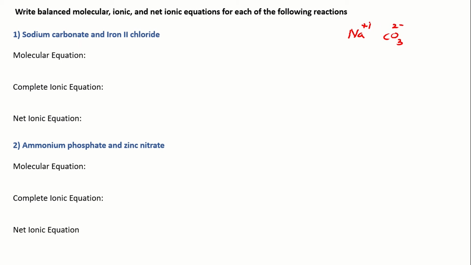If you are not familiar with writing the formulas still, this is how we do it to achieve the charge neutrality. So your formula is going to be sodium carbonate.